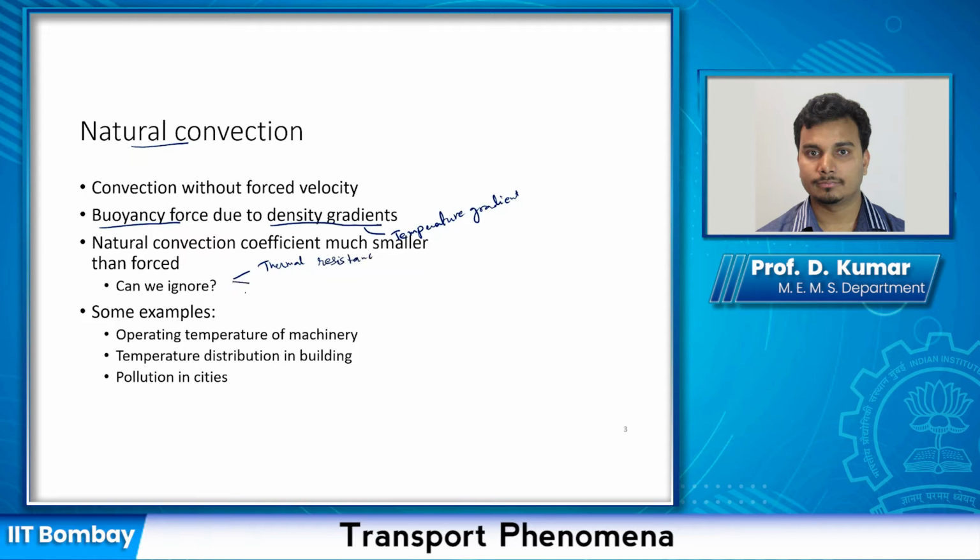And of course, in devices such as your smartphones, where you cannot have a moving part like a fan, you are actually relying on natural convection for the cooling. Operating temperature of machinery: very often machines heat up, and sometimes you have cooling provision.